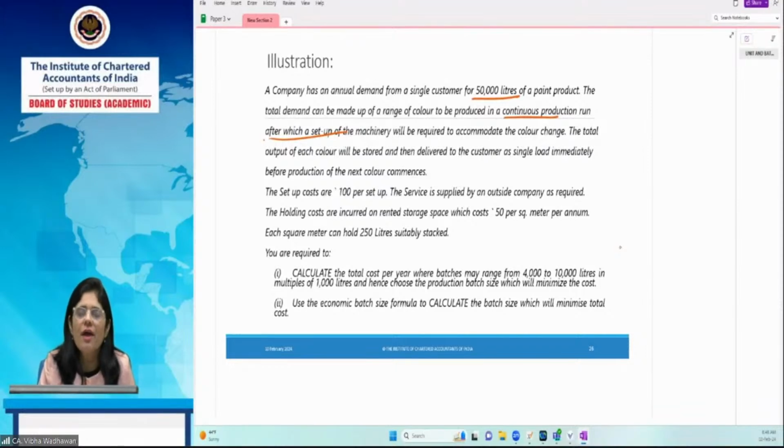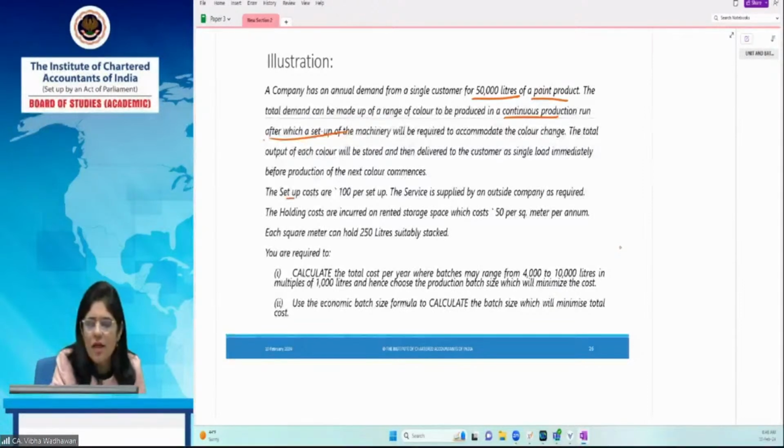So 50,000 liters can be produced in one run. If you want a change of color next time, because it's a paint product, then again machine setup has to be done for a different color. The total output of each color will be stored and then delivered to the customer as a single load immediately before production of the next color commences. So whenever you produce one color, you deliver it to the customer and then you produce the next color.